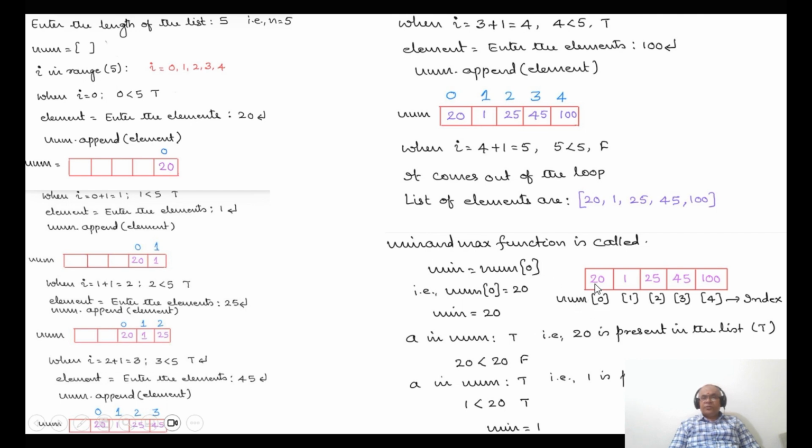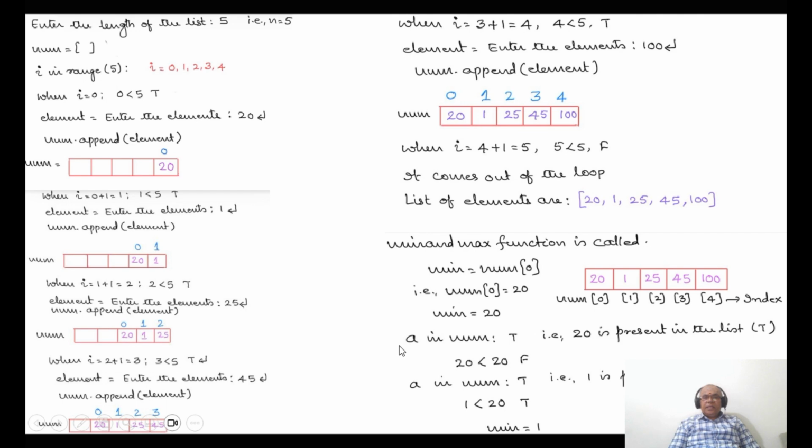What is the num[0] value? It is 20. So that will be assumed as the minimum value first. That is the first value which will be considered, and we are assigning that as the minimum value. So the minimum value is 20.